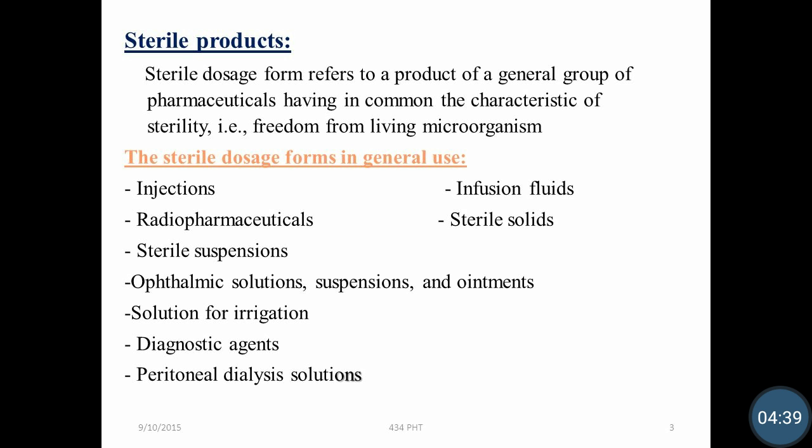The next are the sterile suspensions. The drugs which are insoluble in water or which get degraded when they contact with water should be supplied as dried suspensions. Or in some cases the suspensions are made and injected in the body. Again, all the ophthalmic formulations like eye drops, eye lotions, eye ointments should be sterile.